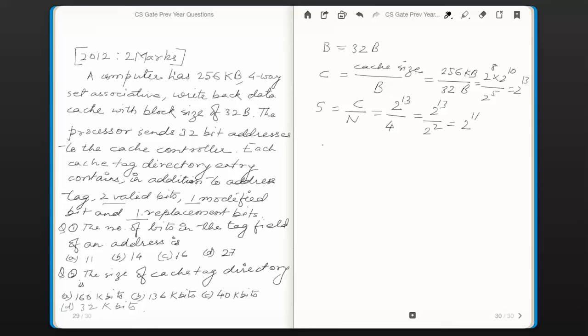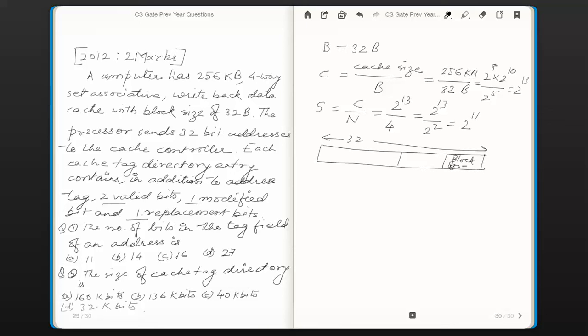Now let us represent the CPU address with this diagram. The CPU address size is given to be 32 bits. CPU address can be divided into 3 fields. First of them is block offset.